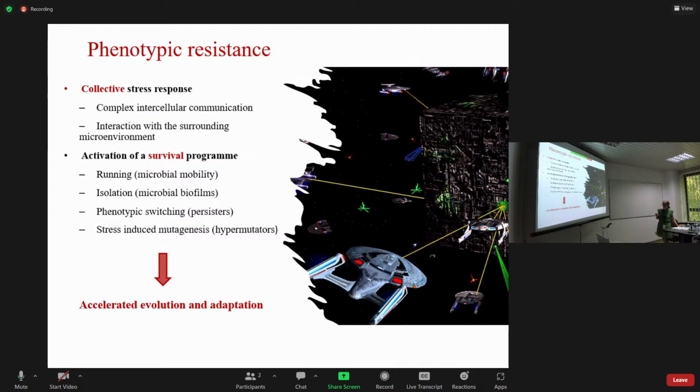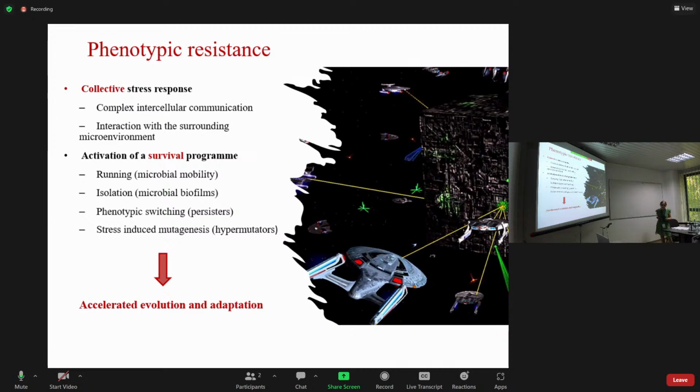And coming back to collective stress response, our bacterial cells communicate with each other, and they are trying to run from the antibiotic. They are moving away by motility, but also they are isolating themselves in biofilms, and these biofilms are protected by a matrix which reduces the penetration by antibiotics.